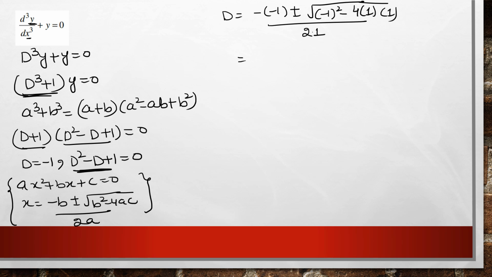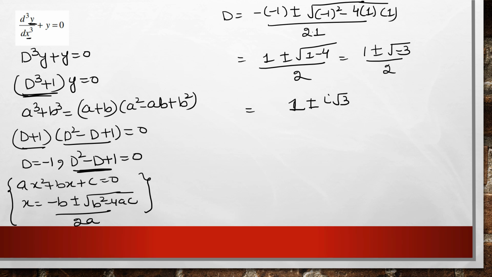If I solve this, minus minus is plus 1, plus or minus the root of 1 minus 4, over 2. So this will be 1 plus or minus the root of minus 3, over 2. Minus 1 can be written as iota square. So you will get the roots 1 plus or minus iota root 3, over 2.